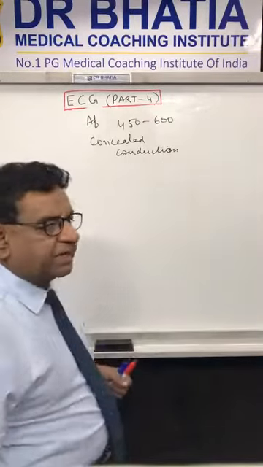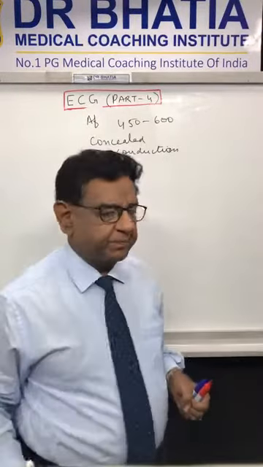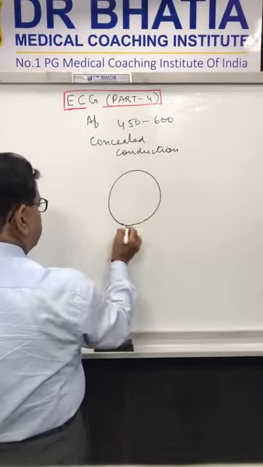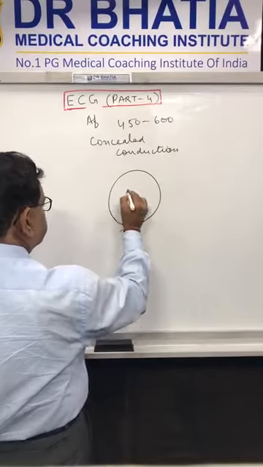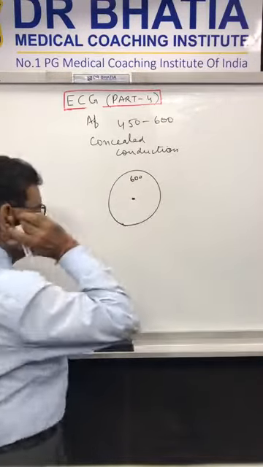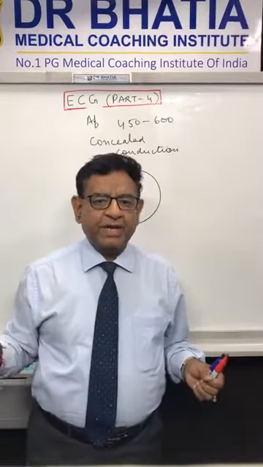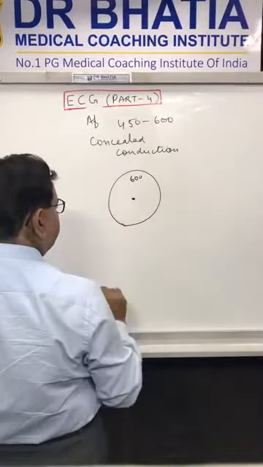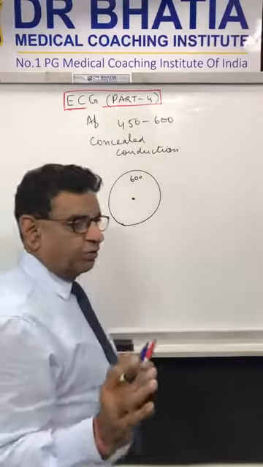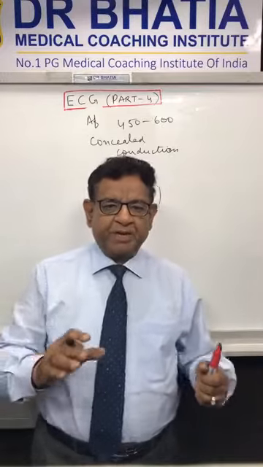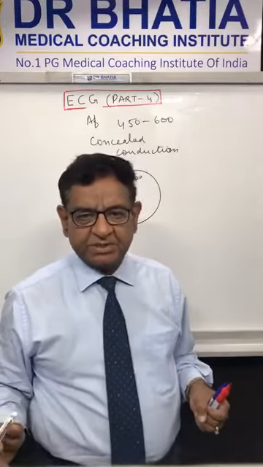What do you mean by concealed conduction? Let's learn the basic fundamentals. Here is the AV node. Suppose 600 impulses are coming from various foci in the atria. So 600 impulses come to the AV node, and all of you know that the AV node has the maximum refractory period in the entire conduction system.